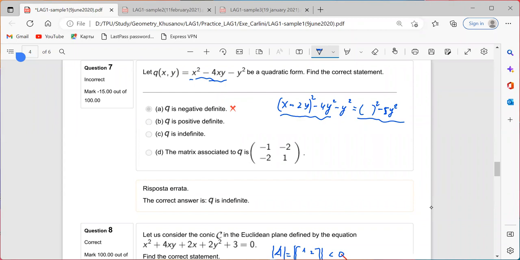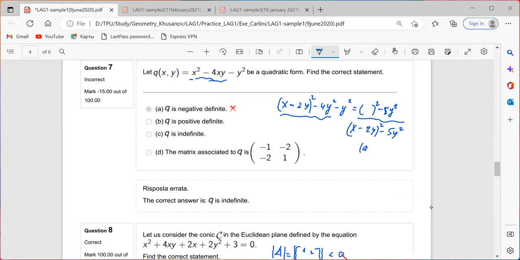For example, how can we obtain from here some kind of 2y square minus 5y square? If you put instead of y 0, and instead of x you put any non-zero number, you will obtain a positive value, because y will be 0.